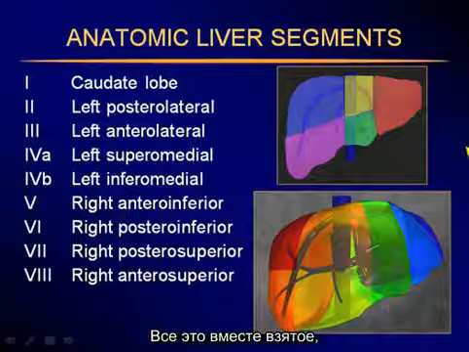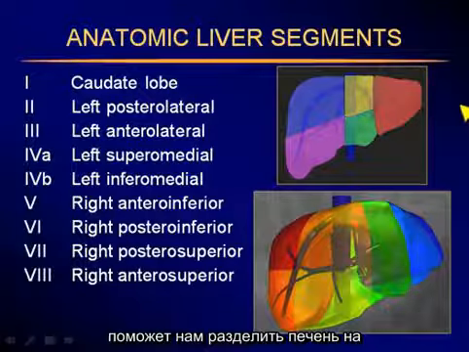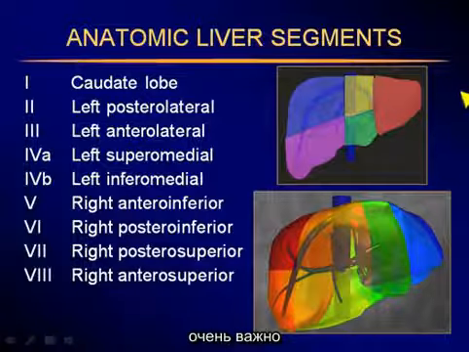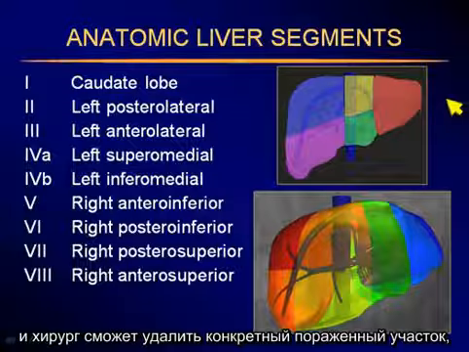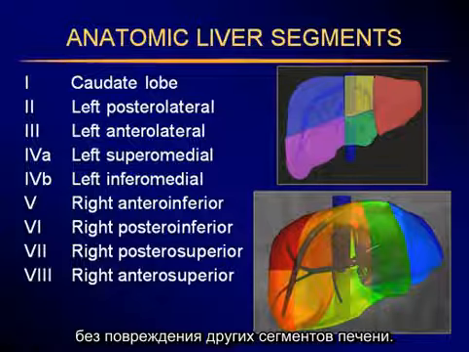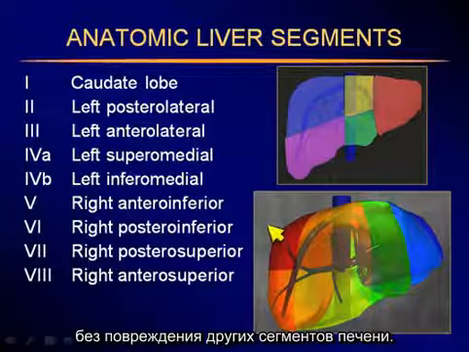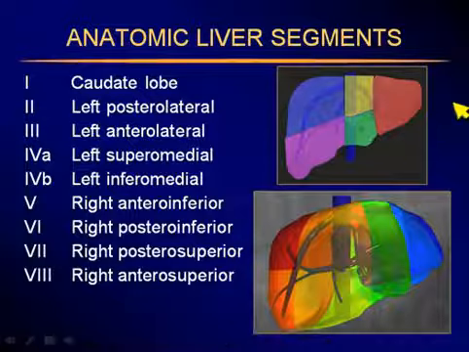All of that put together helps us subdivide the liver into subsegments, which is very useful for the surgeon, because if we can place a lesion in a specific segment, the surgeon can then go after that lesion and remove it without harming other vascular supplied segments of the liver.